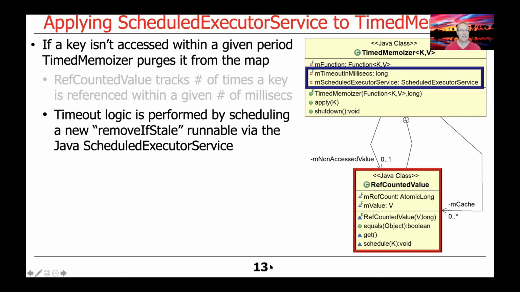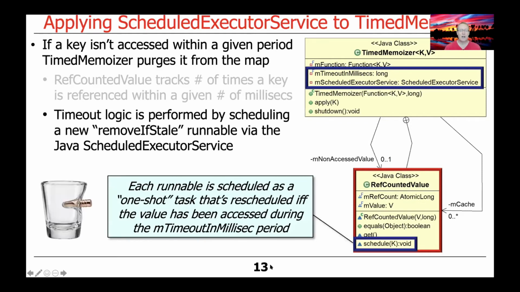So it's going to use the scheduled executor service in order to do this purging based on the passage of time. So each runnable is scheduled as a one-shot task that's rescheduled if and only if the value has been accessed during this period of time, which we designate as mTimeout in milliseconds. So if something is accessed in that time, it's going to be rescheduled so it can run again and keep trying till it is not used. But if it's not used, then it's going to be purged.